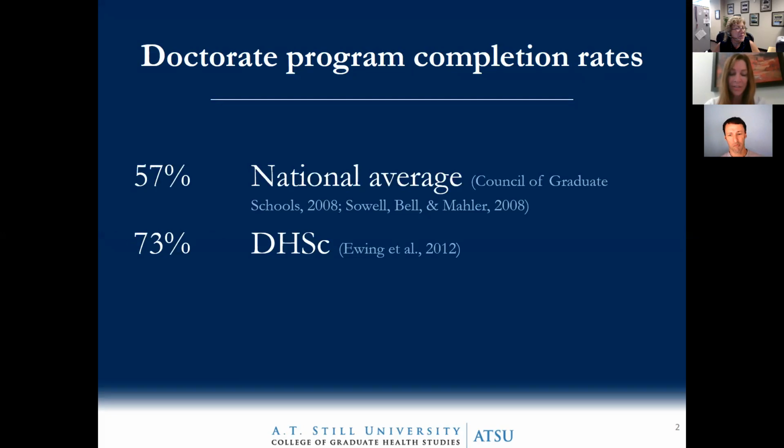But in our previous DHEd program, Doctor of Health Education, which we're still phasing out and replaced with the EdD program here at ATSU, only 36% completed, for various reasons, but a big one being that they could not complete the dissertation, which was the culminating project for the DHEd program. And so when we replaced the DHEd program with the EdD program, we adopted the same model the DHSc program was using to complete the culminating project.